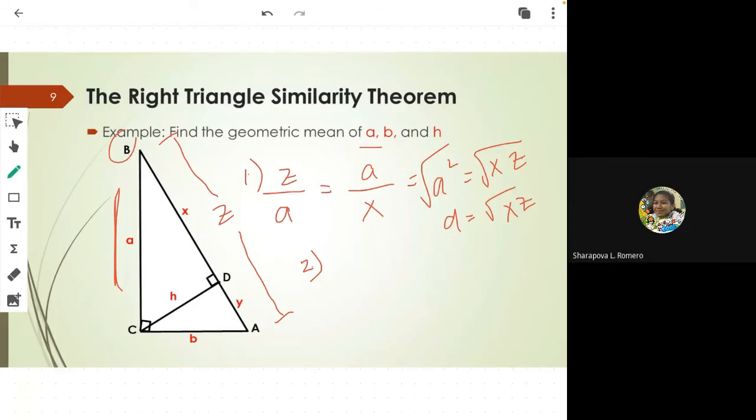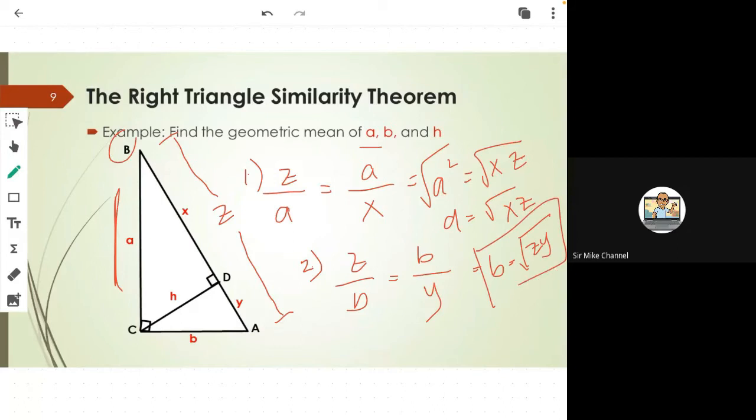Z over B po, tapos is similar po sa B over Y. Okay, correct. So, kapag yung formula, so ganun. So, magiging B is equal to the square root of Z and Y, or YZ. Ayan. Okay, how about last number 3?